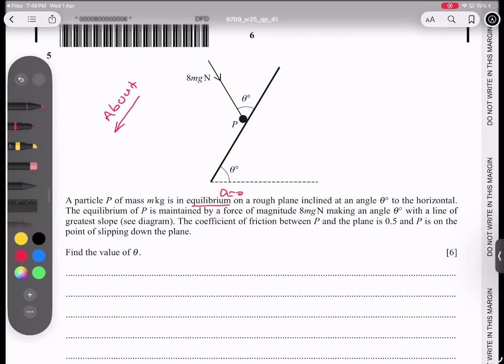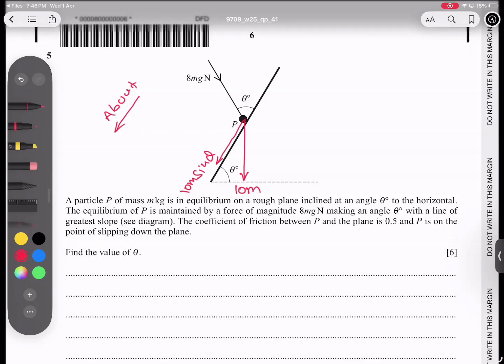So first of all I talk about the weight component. What is the weight component, students? Weight is mass m kilogram into 10, so I got 10m. So this is 10m sin theta.